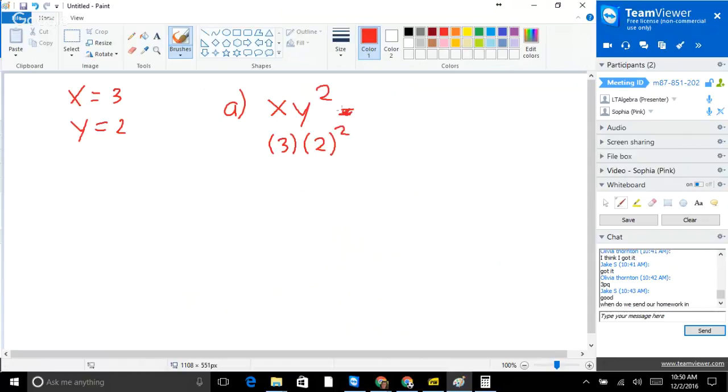Once you plug it in, the first thing you always want to do is order of operations. You want to do the exponent first, right? So 2 squared is 2 times 2. That's 4 times 3. 3 times 4 is 12. So that's A.